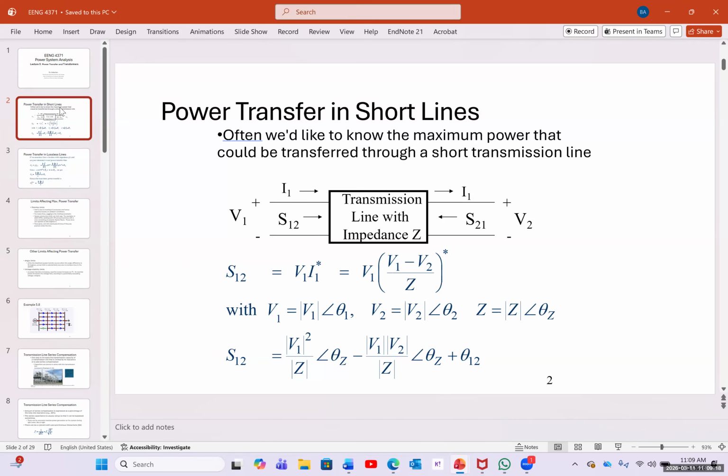Now, in polar form, V1 is the magnitude of V1 with an angle of theta 1, and V2 is the magnitude of V2 with an angle of theta 2.